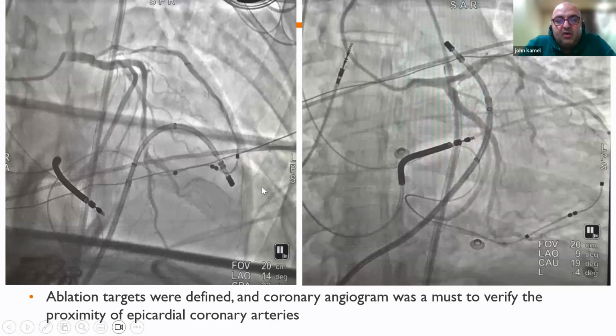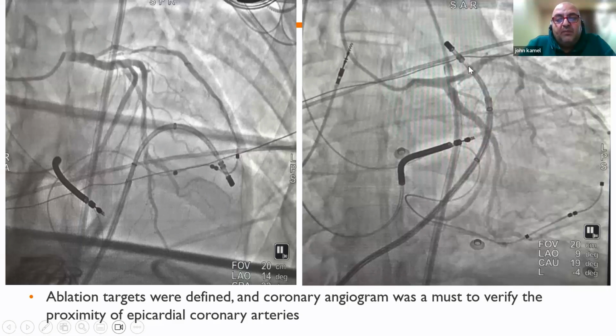Before ablation in the epicardium, just to remember, you should do an angiogram. You mark your ablation target, and then you do an angiogram to see the proximity of the epicardial coronary arteries. As we can see here in the left panel, this is the lateral LAO, lateral scar.